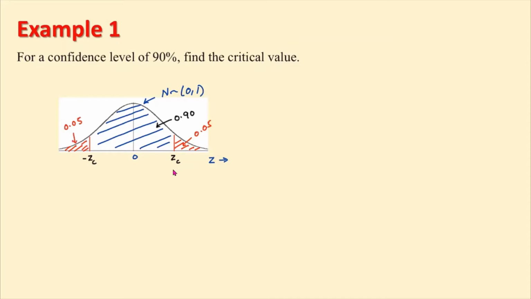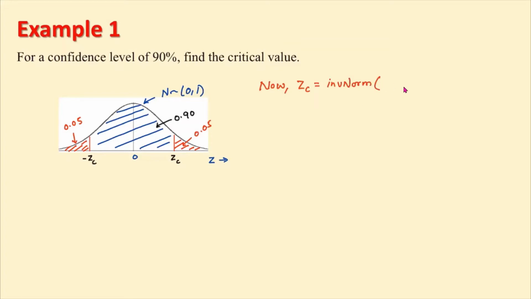Now, if we need to find this z critical, we are calculating a value along the x-axis. Whenever we are calculating the value along the x-axis, we have to use inverse normal in our calculator.